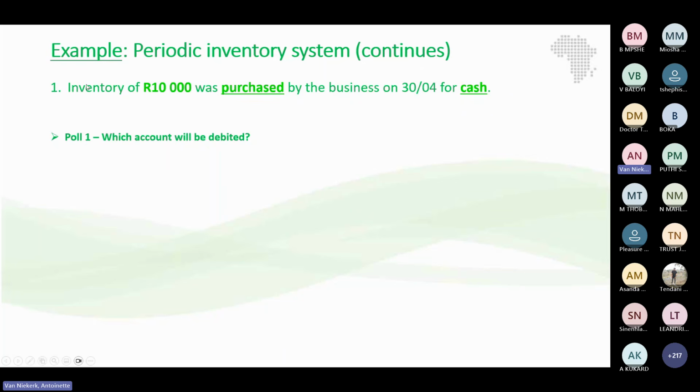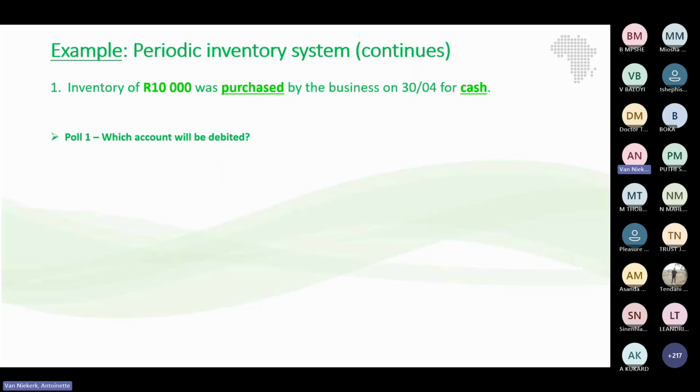So, inventory of 10,000 Rand was purchased by the business on 30 April for cash. So purchases and cash are applicable and you purchased it for 10,000 Rand. Poll 1 is: which account will be debited?